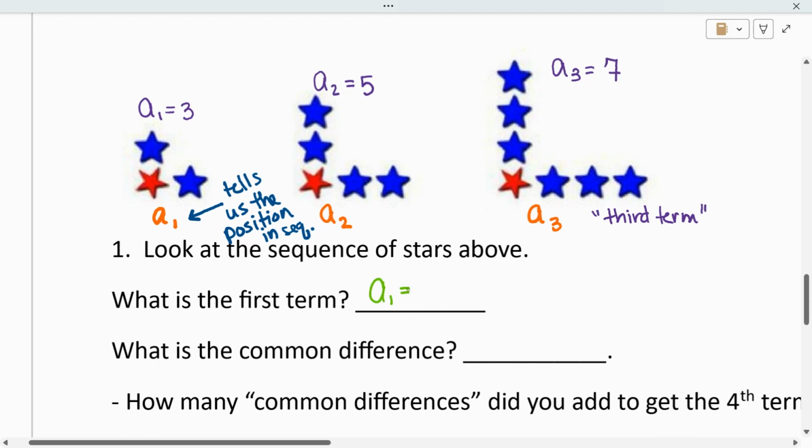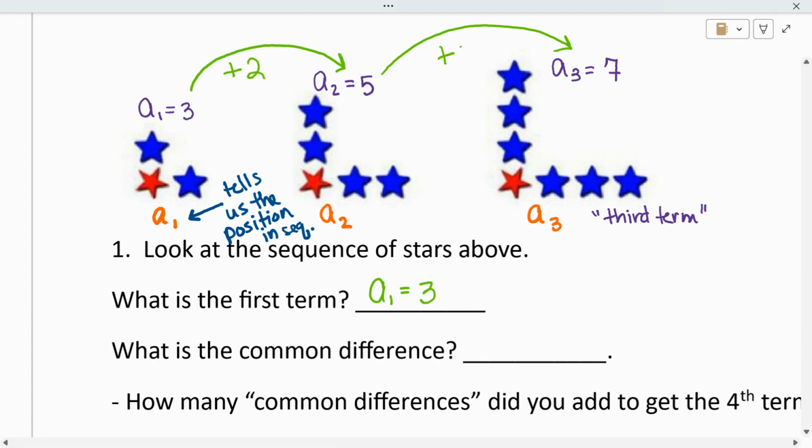And what does it equal? It equals 3. Does that make sense? Okay. What is the common difference? Meaning, what am I adding or subtracting to get to the next term? I'm adding 2. So my common difference, remember we represent that with the little d, is 2.